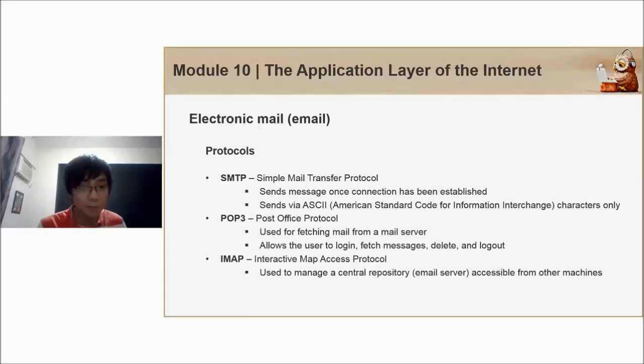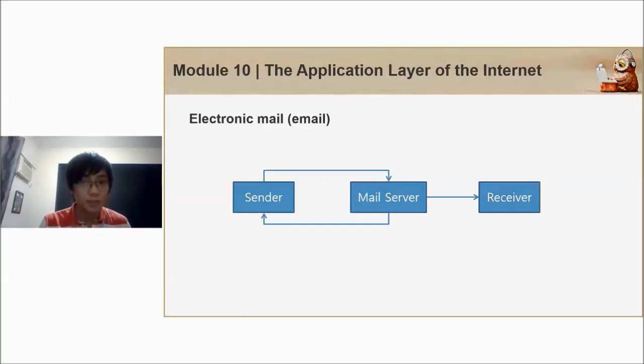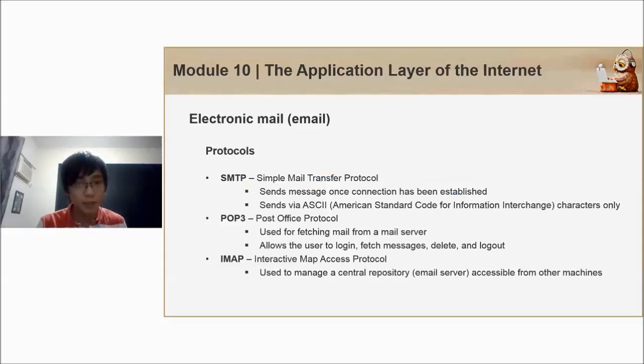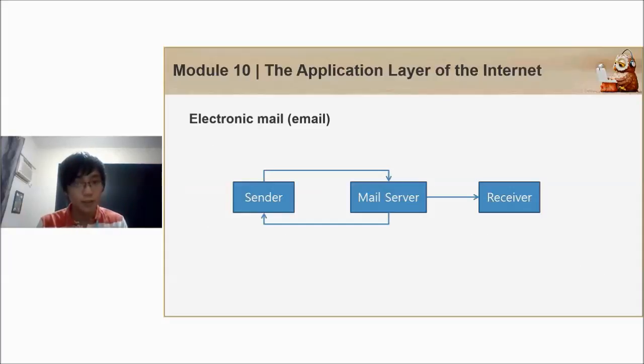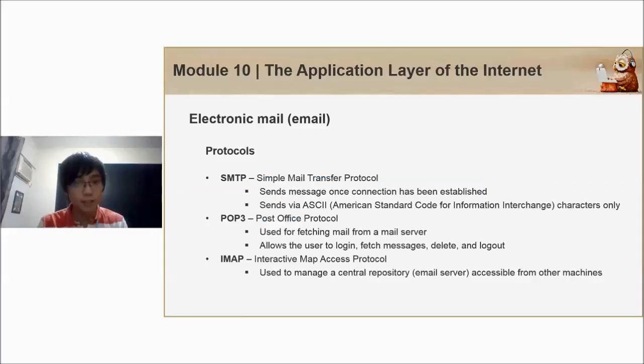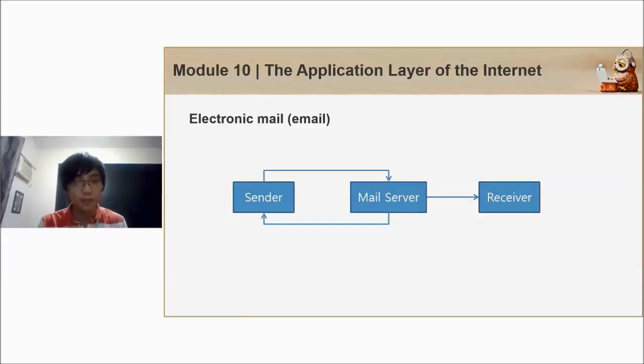And then IMAP is the Interactive Mail Access Protocol, which manages a central repository accessible from other machines. Usually companies have this to manage all their emails. To simplify it, you can consider SMTP as being on the sender to mail server line, while POP3 is on the receiver mail server end.